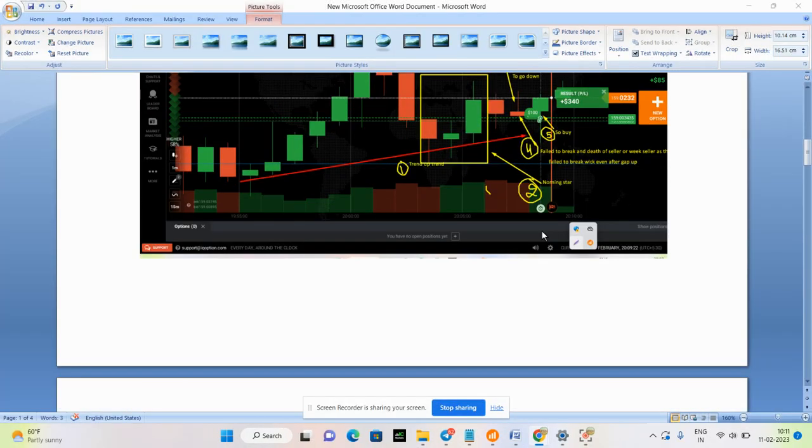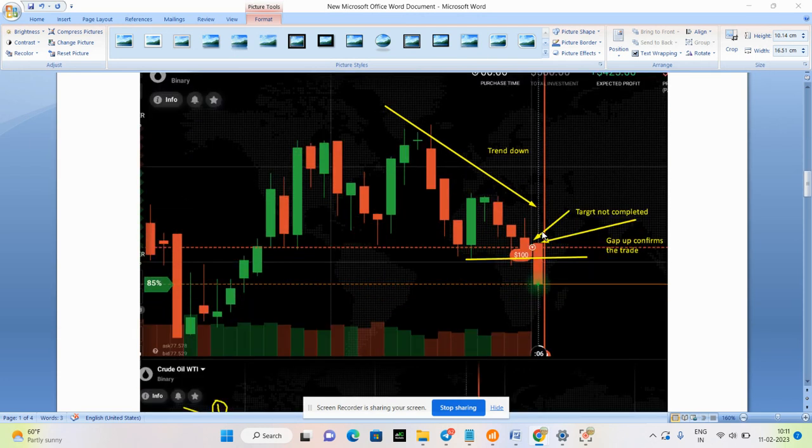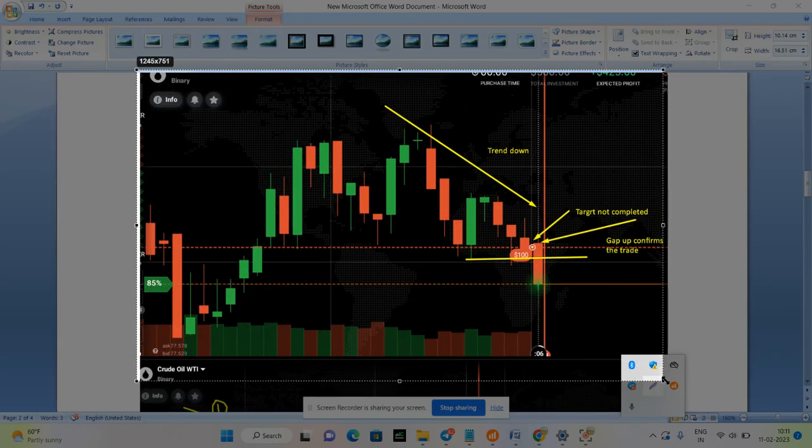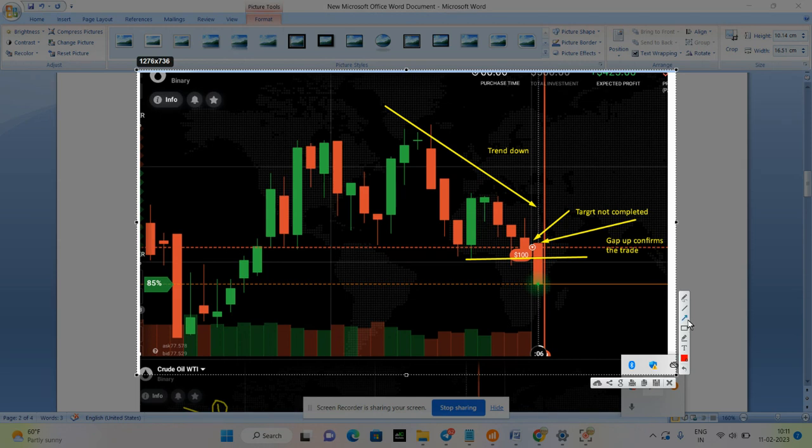Okay, now let us discuss this image. In this candle, we see that the market is making lower lows, breaking the previous higher lows, meaning the market is in a downtrend now, and this is the target point.